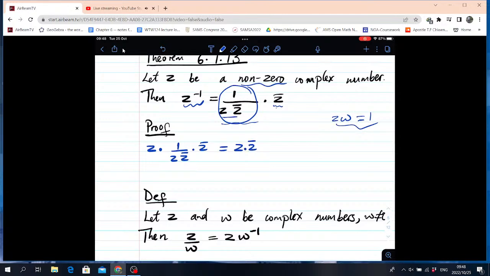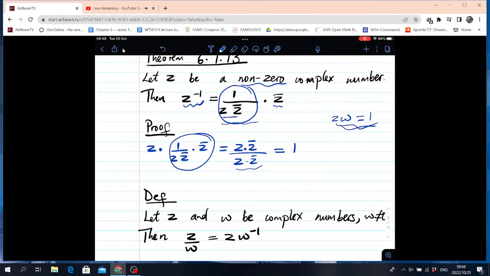So Z times Z bar on top, and then Z times Z bar on the bottom. And because this is non-zero, we don't have a problem on the bottom there. So we then see that that is just equal to 1. And so because it satisfies that, we can claim that this is the inverse of Z as claimed in the theorem. So that is the proof there.